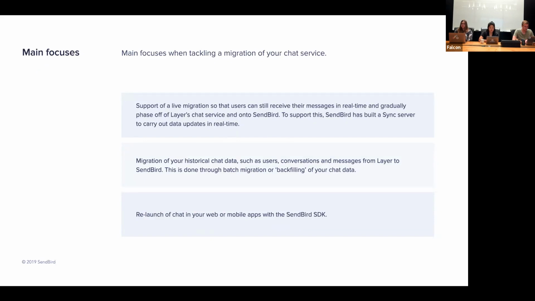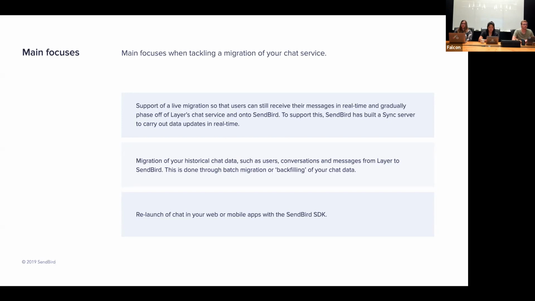This means that users can still receive messages in real time and gradually phase off of the Layer service. To support this, we built a sync server so that we can carry out data updates in real time. The migration of historical data means that your conversations, users, and messages that are currently in Layer will be migrated over to SendBird via what we call batch migration, or backfilling of your data.